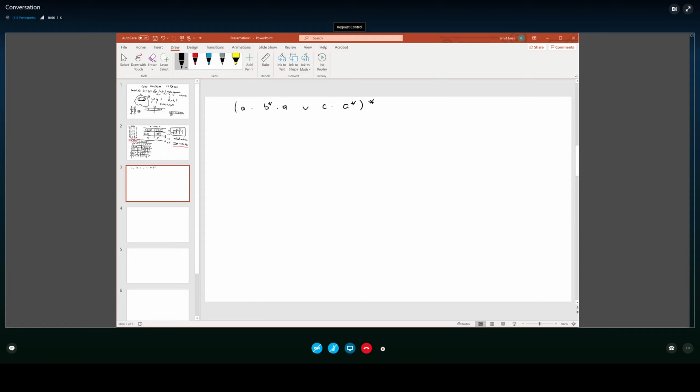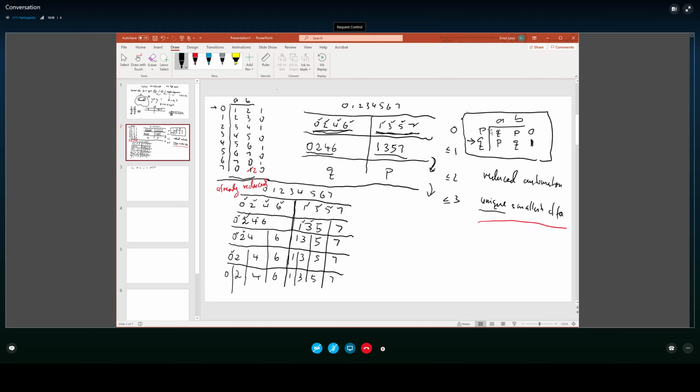We did two examples, and at the end the result was that they were already reduced, so we cannot do any more. Is there any example where the actual expression isn't reduced and we can reduce it using the process? Well, I gave you two examples. I gave you one automaton which reduced to two states, and another automaton where no reduction was possible. All right, I'm sorry, I missed that.